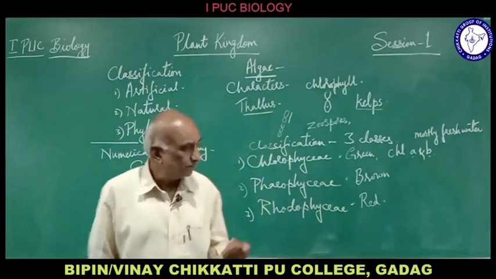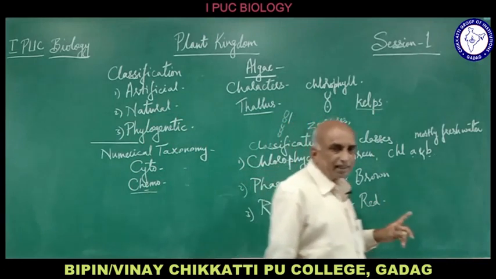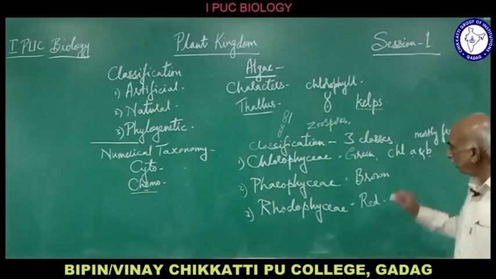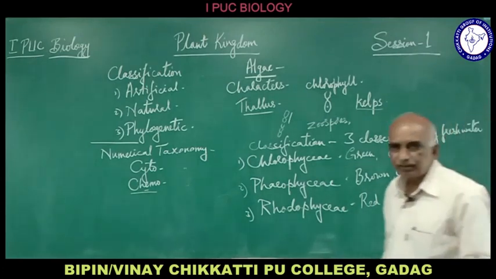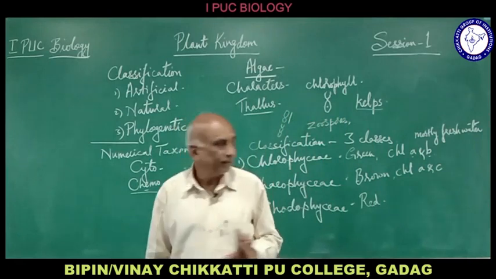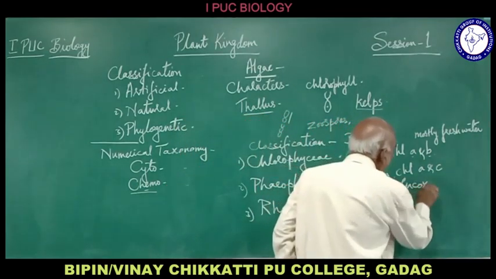Then Phaeophyceae means brown algae. In brown algae we cannot say that there is no chlorophyll. Along with chlorophyll A and chlorophyll C, there is a brown pigment, and that brown pigment is called fucoxanthin.